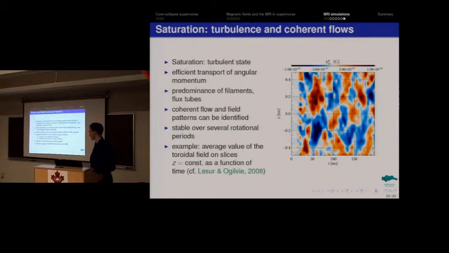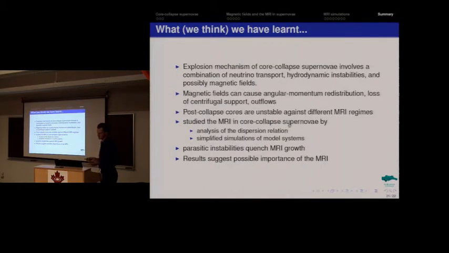Now, finally, as a summary, I'll show you what we may have learned from this exercise. I've told you the explosion mechanism is very complicated. It involves all kinds of combinations of neutrino transport, instabilities, perhaps magnetic fields, but those only if we can amplify them from the weak fields by, for example, the MRI very efficiently.